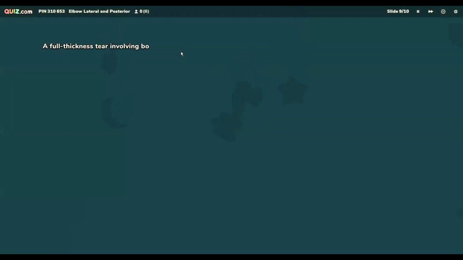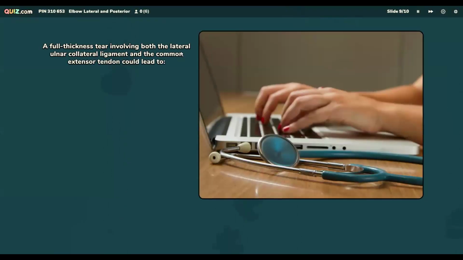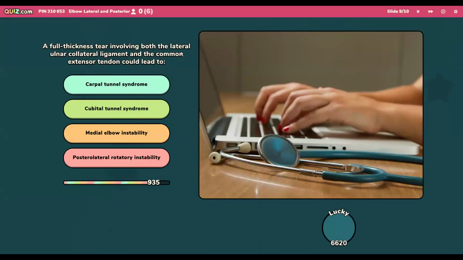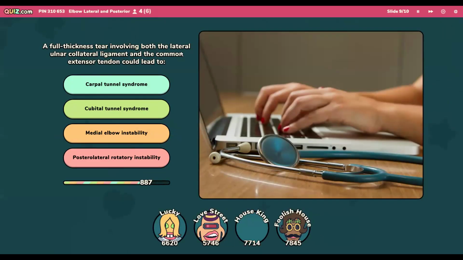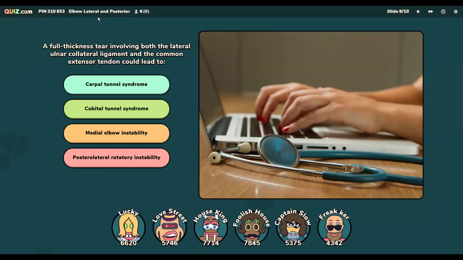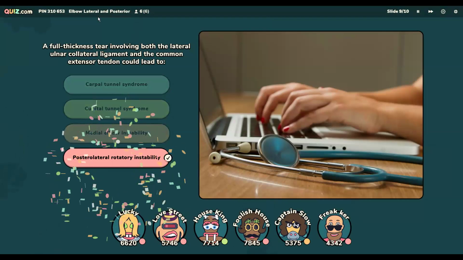A full thickness tear involving both the lateral ulnar collateral ligament and the common extensor tendon could lead to posterolateral rotatory instability.